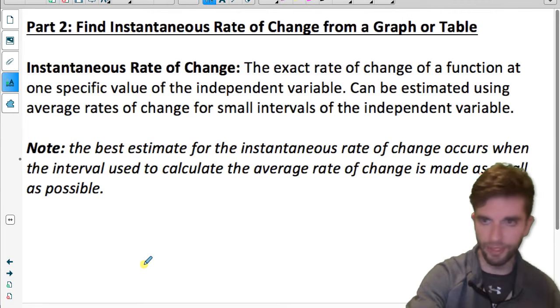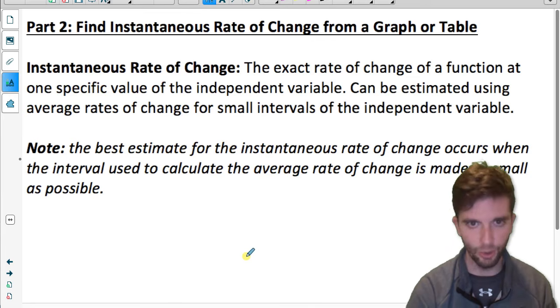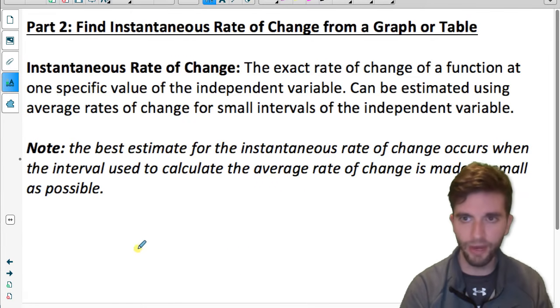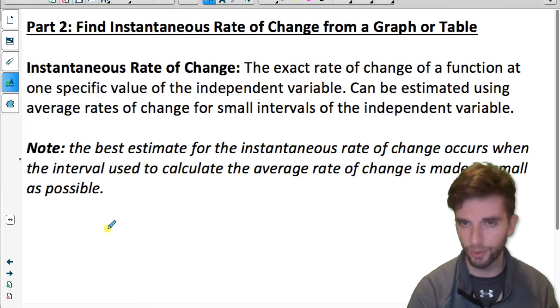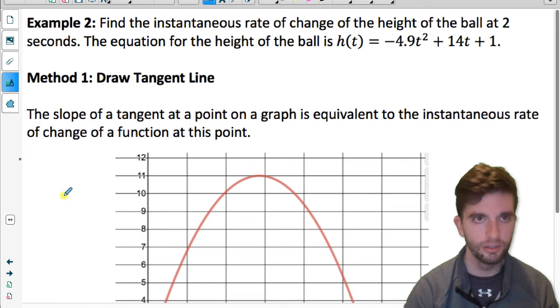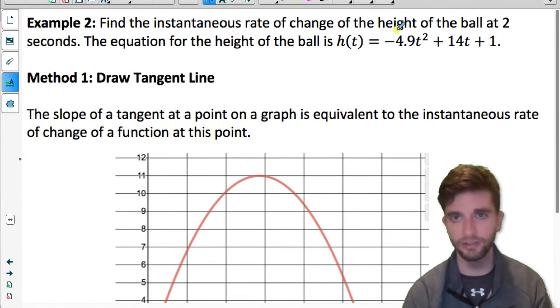Making it 0 is a bit of an issue. We've already established that, because then we would have 0 over 0 for our rate of change. But we want to make it as small as possible. So at the end of this lesson, when we calculate the limit of secant slopes, we're going to talk a lot about that. So let's move on to an example where we actually estimate an instantaneous rate of change.